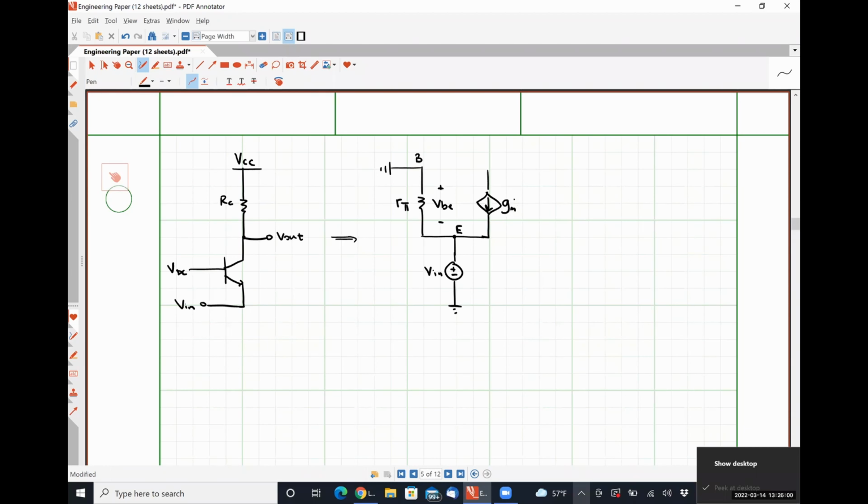Here we have our dependent current source of GM VBE. In parallel with that dependent current source is our resistance, excuse me, lowercase r naught, getting ahead of myself, my apologies. And then out here is my resistance RC. And this is my output voltage terminal, where the output voltage is simply the voltage drop over resistor RC.